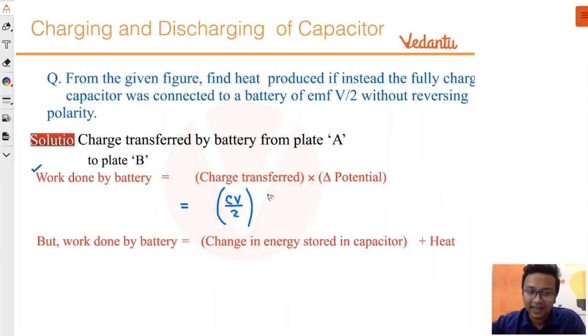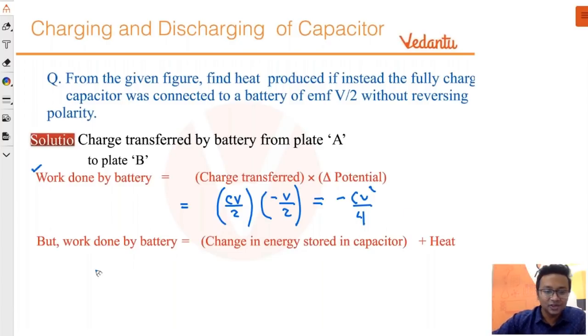It is going to be nothing but minus V by 2. Clear, students? So the work done by the battery is now going to be negative work, because the battery is getting charged at the expense of the capacitor. So that is minus CV square upon 4.